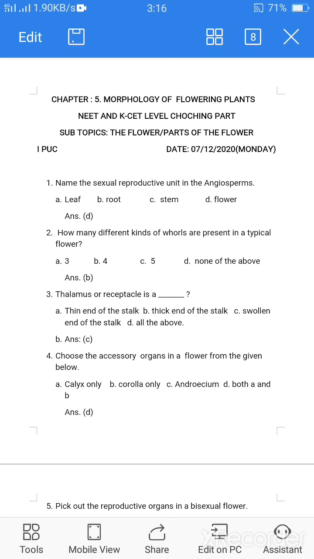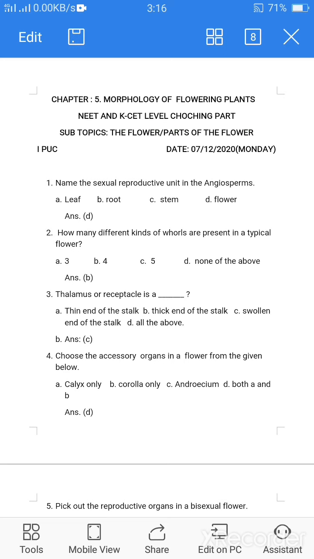Next, third question. Thalamus or receptacle is a. Let us see the options. Option A, thin end of the stalk. Option B, thick end of the stalk. Option C, swollen end of the stalk. And option D, all of the above.